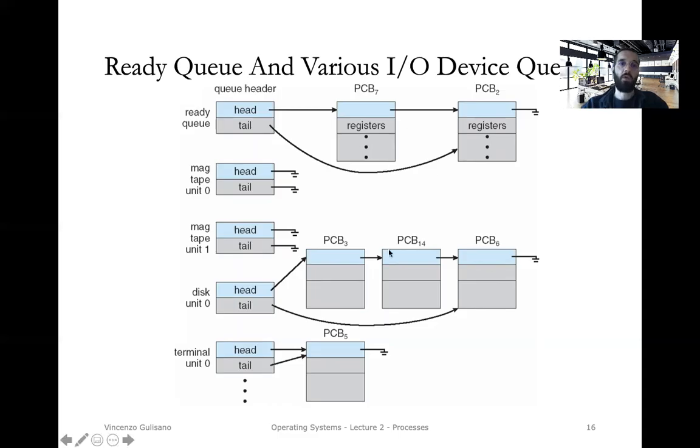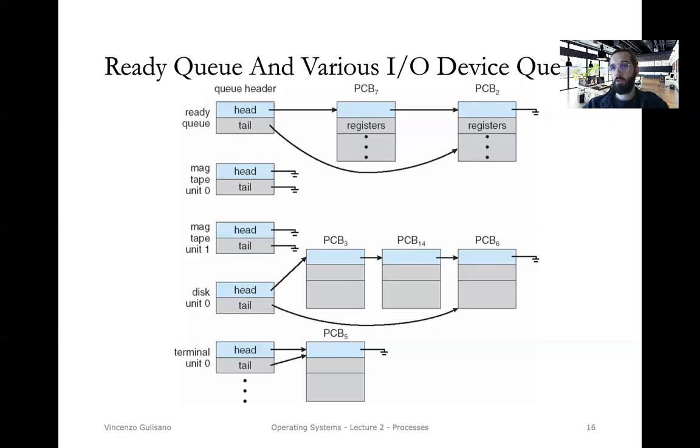So you can have a queue containing only the process control blocks of processes that are waiting for the disk. And to say that one process changes its state from waiting to ready could actually mean that the process control block of that process is removed from the queue that refers to a disk unit, and it's added back to the queue of the ready processes.